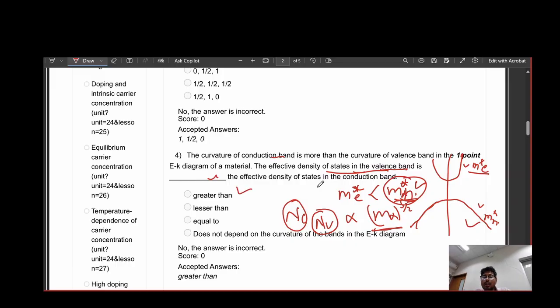If the curvature is less, it indicates that the mass of that particle is more, so the effective density of states will be more for that particle. If the effective mass is less, the density of states will be less. If the effective mass is more, the density of states will be more, because it is a direct relation of power 3 by 2.